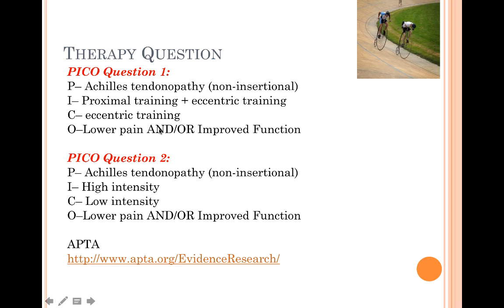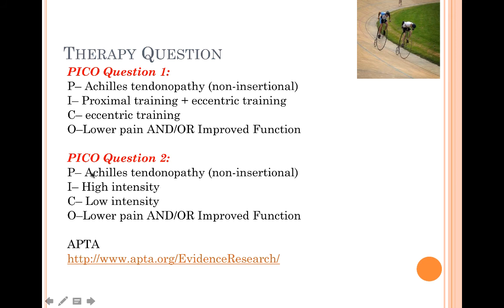You may have heard about whether proximal control at the hip may or may not help people with Achilles tendinopathy. The eccentric training represents the current approach, and we were wondering if proximal training really augments that current approach. So I wondered if there would be a study about that.